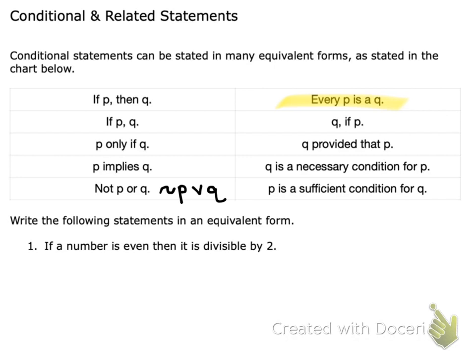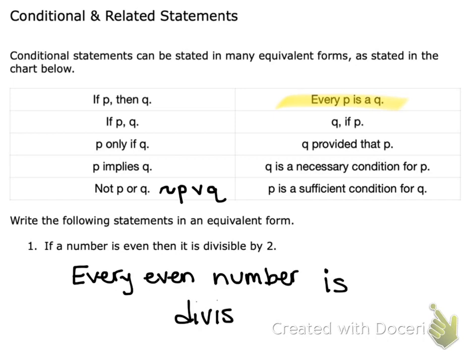Yeah, Jojo. Perfect. Every even number is divisible by 2. Okay. For number 2, let's try this one.